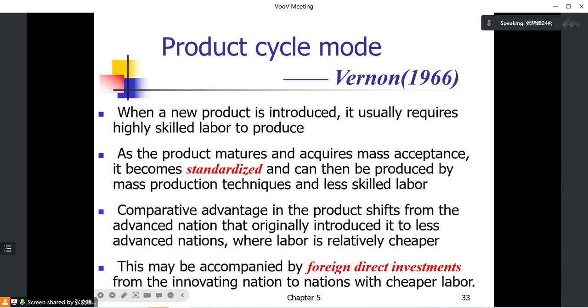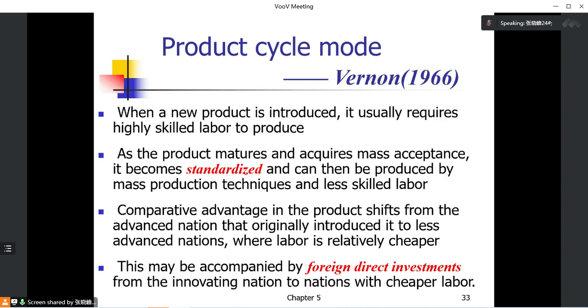There are so many examples illustrating the product life cycle model. Initially, when a product is invented, it means high cost and a monopoly position.